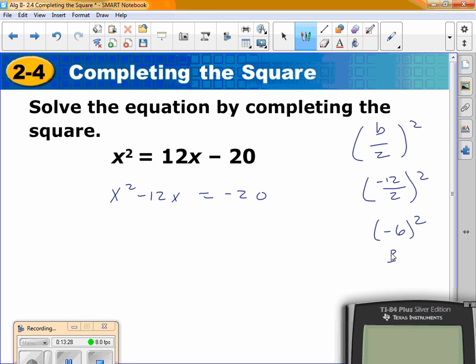Negative 6 squared is 36. So what you have is x squared minus 12x plus 36 equals negative 20 plus 36. Whatever you do to one side, you have to do to another.